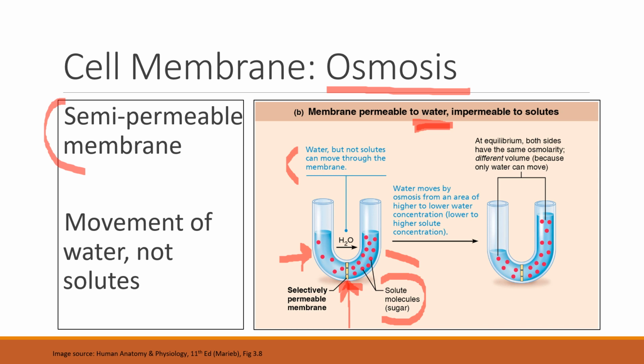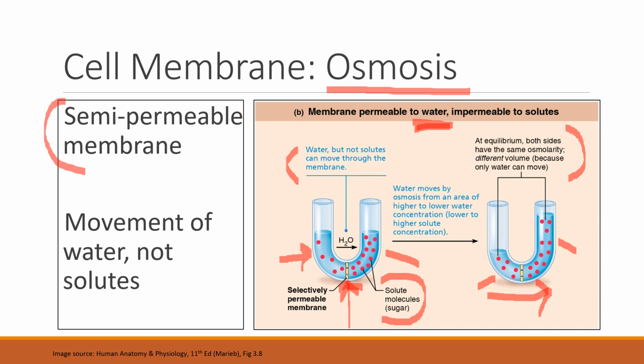Well, the natural tendency is for there to be the same concentration on both sides. So water will be going in this direction across that membrane in order for it to be balanced. Okay, so it'll say that both sides have the same, what they call, osmolarity.